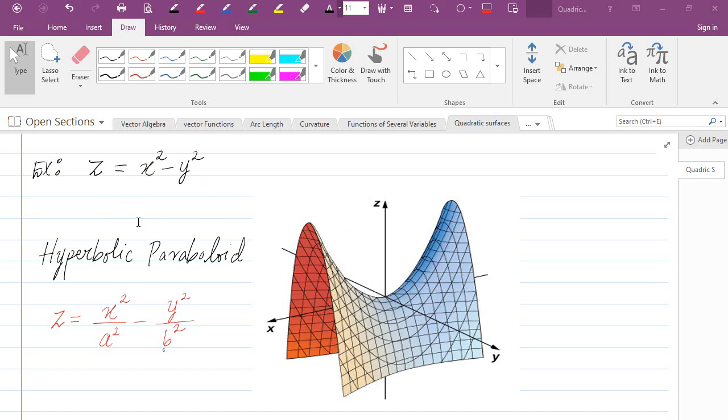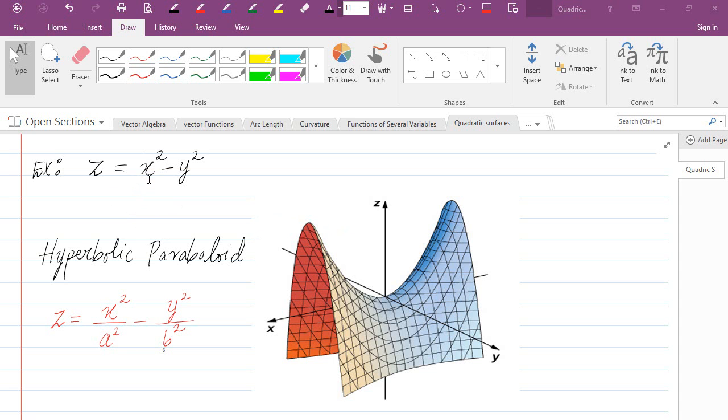And so now if I look at what are the traces in the planes parallel to the yz plane, well, the traces that are parallel to the yz plane are like this. That means I'm looking at traces in planes x is equal to k. So remember, x is equal to k would be a plane parallel to the yz plane. So in that plane, what would be the trace?